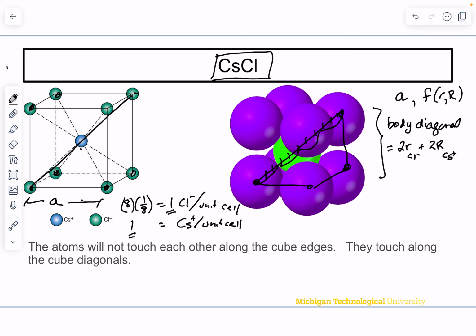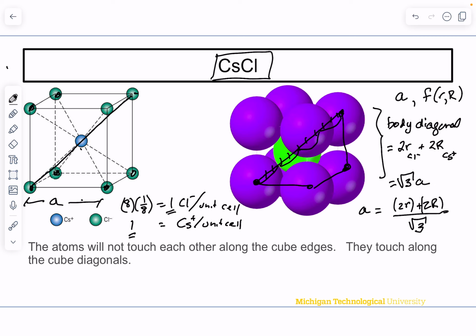Mathematically, we appreciate from the Pythagorean theorem and some geometry that the length of the body diagonal is also equal to the square root of 3 times the lattice parameter. Another way of saying this is that the lattice parameter is equal to 2 times the little radius plus 2 times the bigger radius, whichever one is bigger, it doesn't matter, divided by the square root of 3.